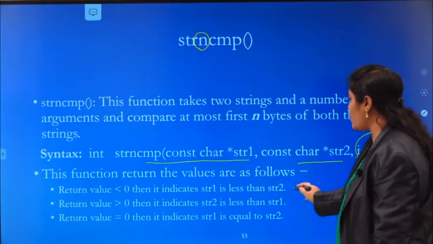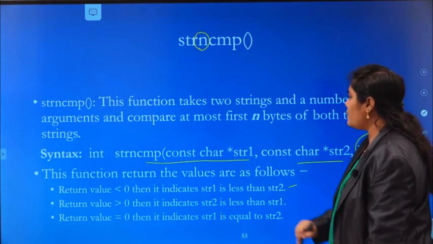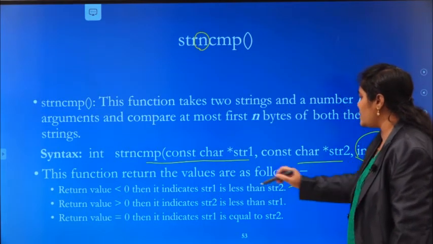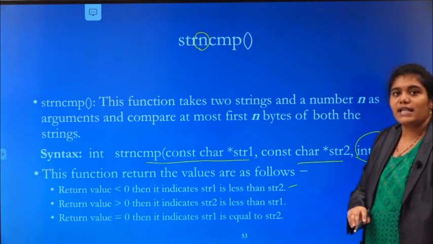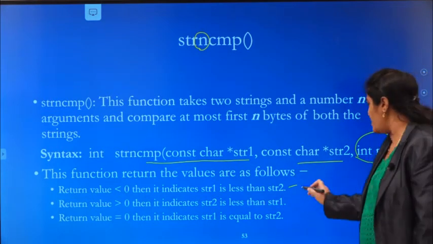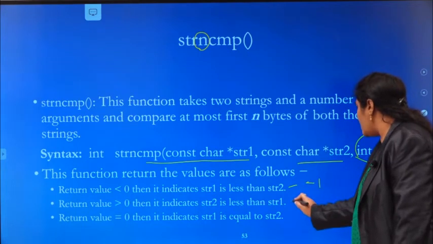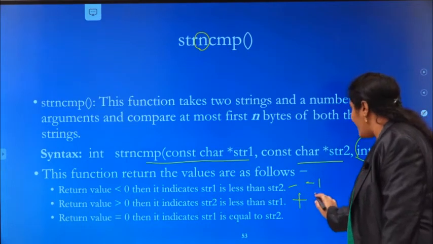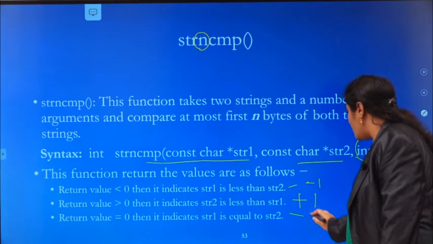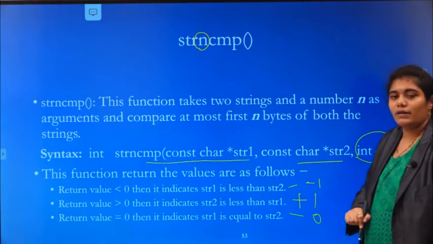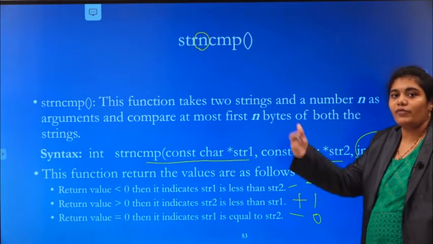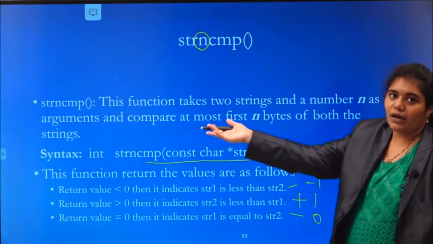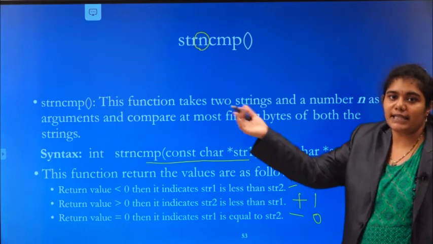The same thing here also. The return value is less than 0 if the first one is less than str2, that means it is -1, +1 and 0, the same thing we have discussed in our previous function strcmp.